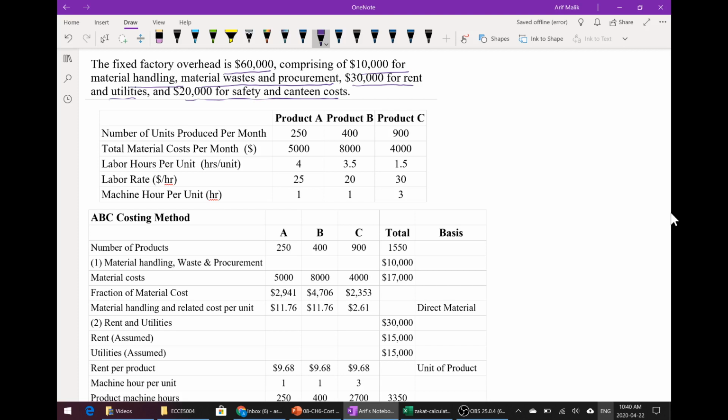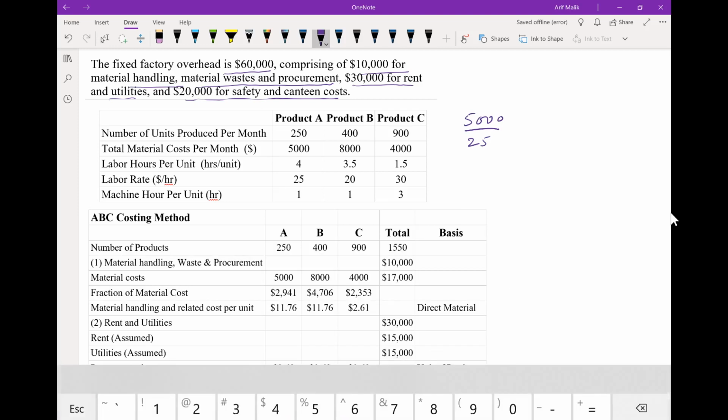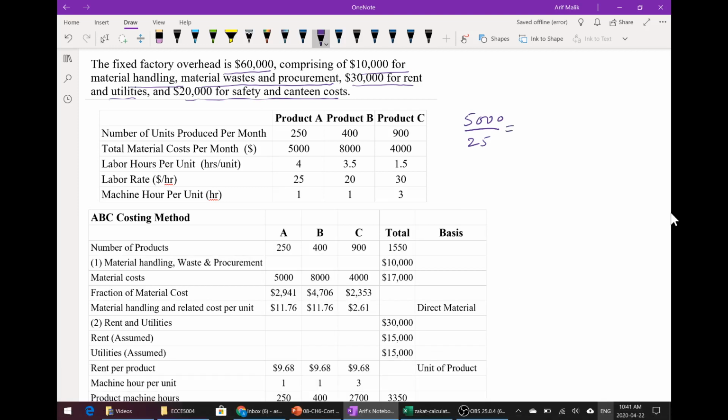Now direct labor and direct material, we said, are easily traceable. So what is the direct material cost for, let's say, product A? We have the material cost per month of 5,000, so 5,000 divided by 250, not 25, 250 products produced.